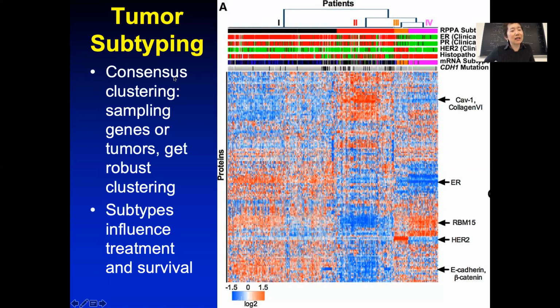So right now, what people found is that when you use different data to do the clustering, you might get slightly different clustering results. And so a method was developed for consensus clustering.